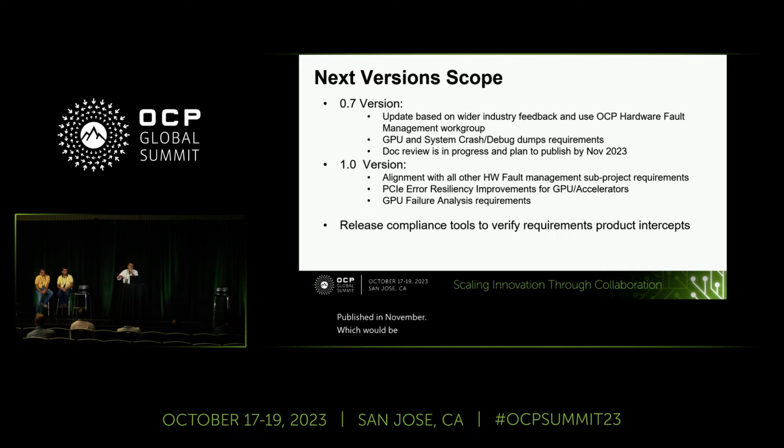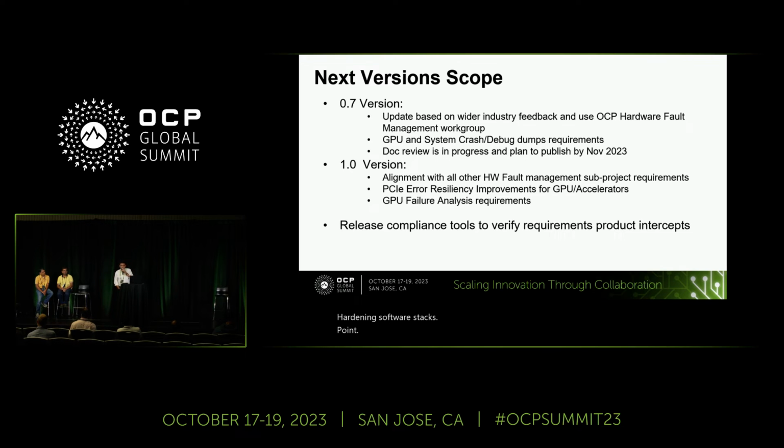alignment with OCP hardware fault management sub-projects, make sure it meets all those requirements, and spend a little bit more effort in how to standardize and harden the software stacks for these GPUs when it comes to PCI error resiliency, not just from a hardware point of view.